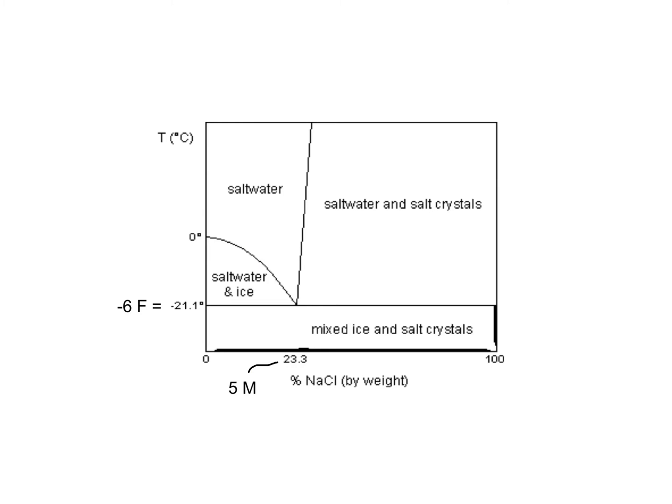When the solution is fairly dilute, when we have low concentrations of sodium chloride in the solution, if we examine the composition of the solid that is formed when the solution freezes, we'll find that it is pure ice. There is no salt in that solid. It is completely water.